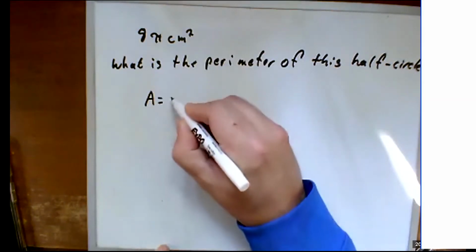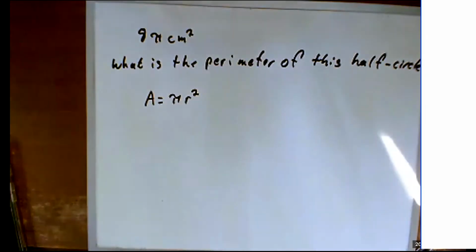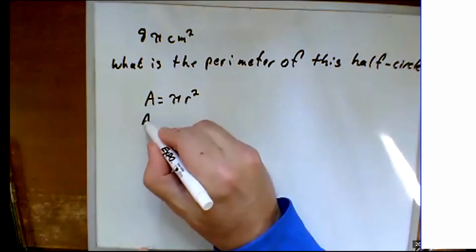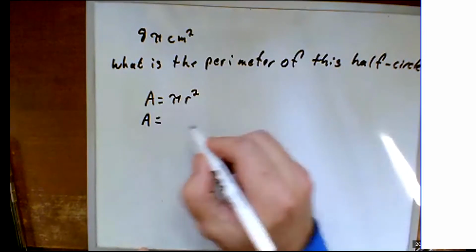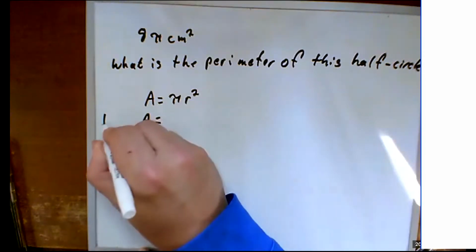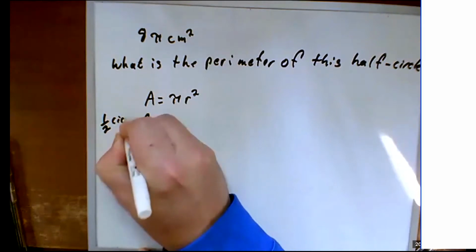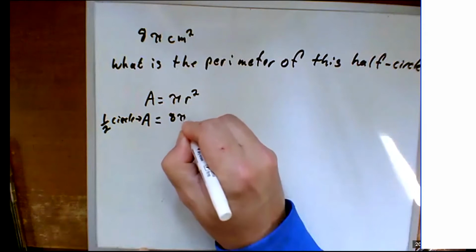We know that the area of the circle is pi r squared. We're also being told that the area of this half circle is equal to 8 pi.